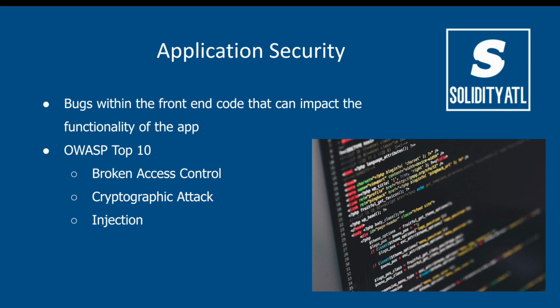All right, so to start off, application security is essentially centered around what we call AppSec. That's application security, AppSec for short. Application security can be categorized as bugs within the front-end code that can impact the functionality of the app.